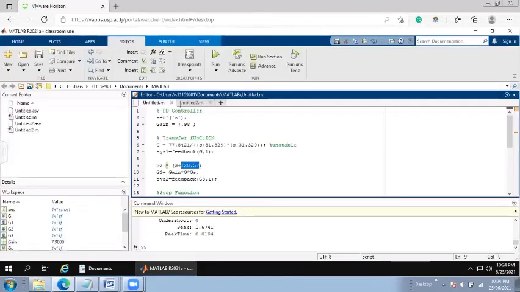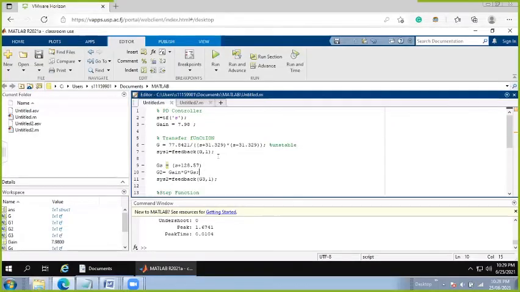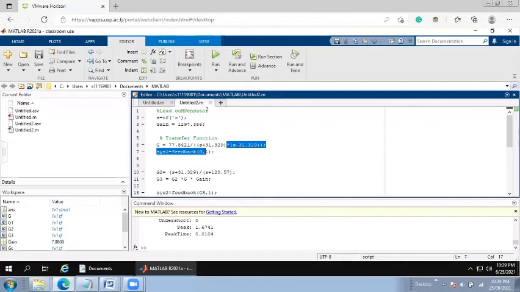So basically, the PD controller and the lead compensator are quite similar. We were able to design a PD controller and also a lead compensator, and we were quite successful at it.